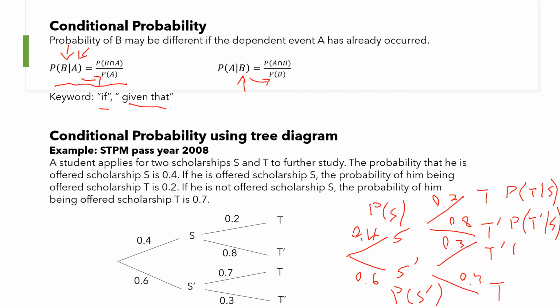For this, P of he didn't get T, on the condition he didn't get S. And the other one is P of he gets T, on the condition he didn't get S. So all this is conditional probability.